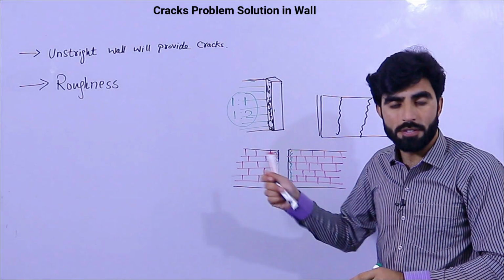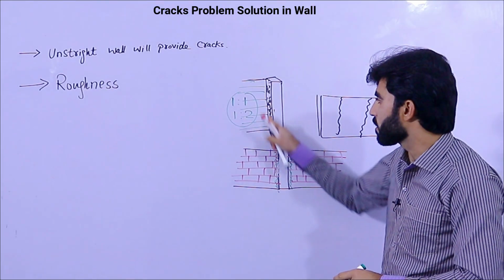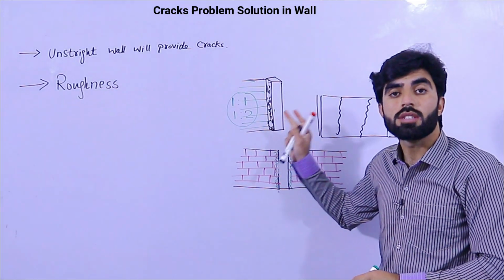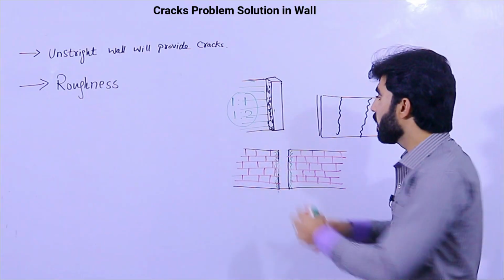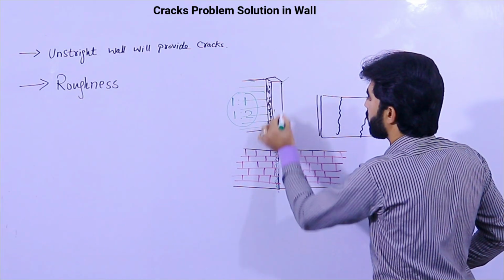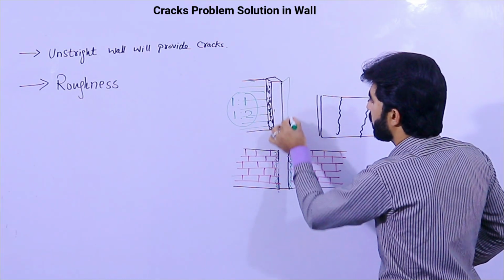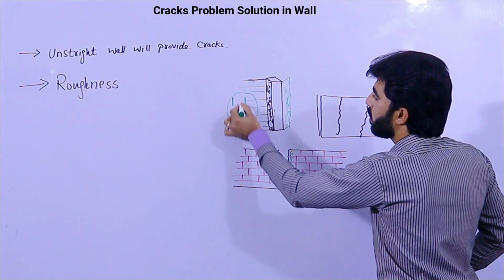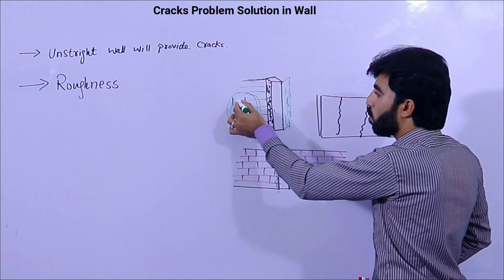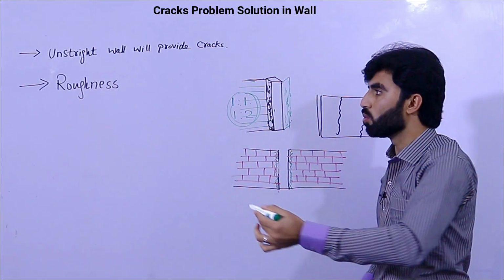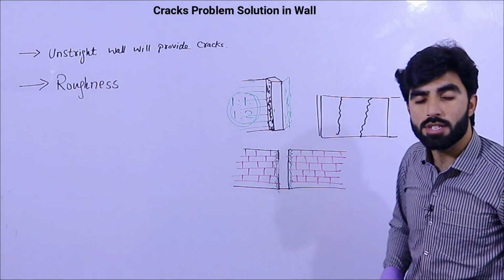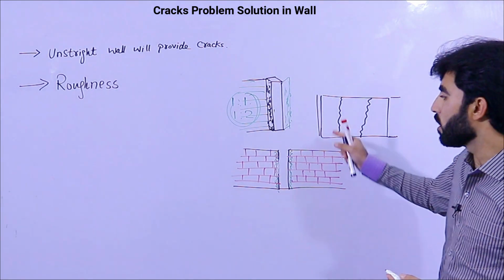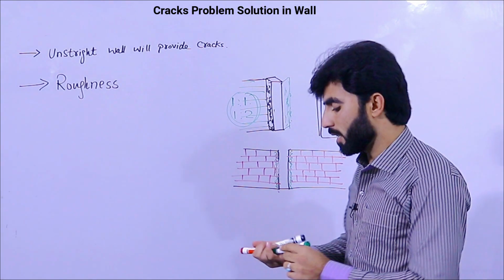First make the surface rough from where you will start the brick masonry, and do this on this side also. Make it rough, then apply mortar with the ratio of 1:1 or 1:2, then you will never see cracks in the future, especially in the wall. This is the second thing.